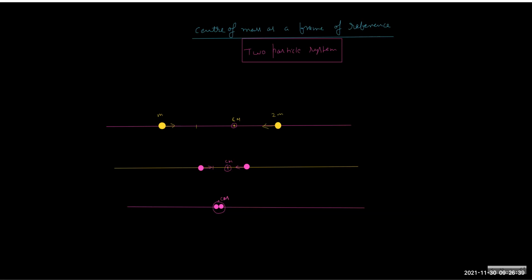For the observer, the collision will always take place at the center of mass, for the obvious reason. Whenever two particles collide, the center of mass will be there because both are there. So in the CM frame, both will collide at the center of mass.